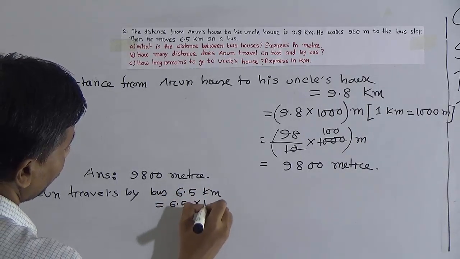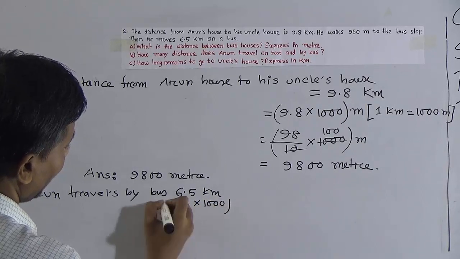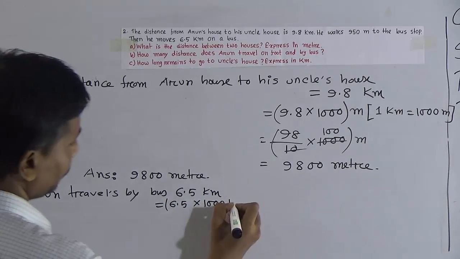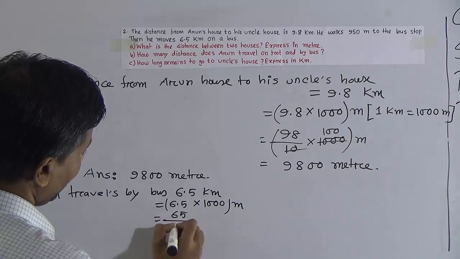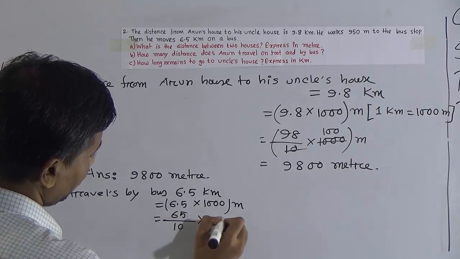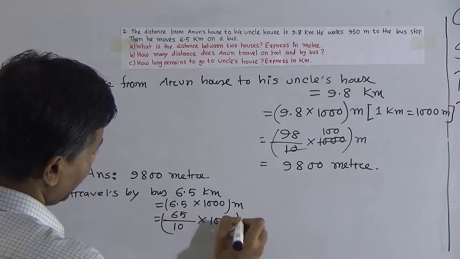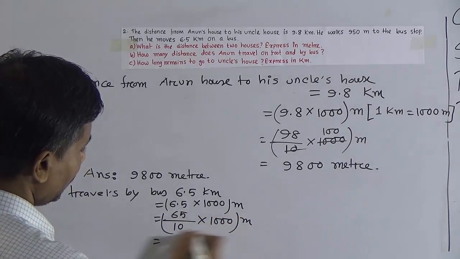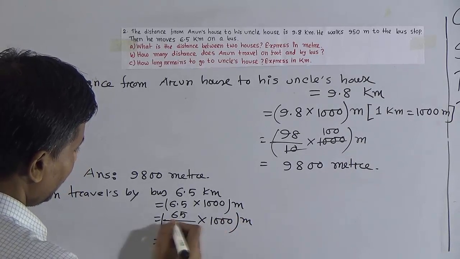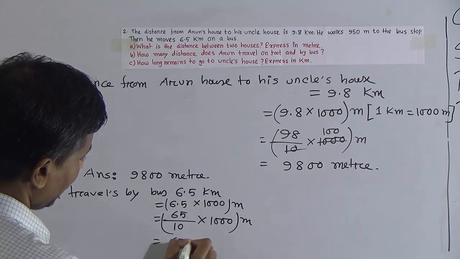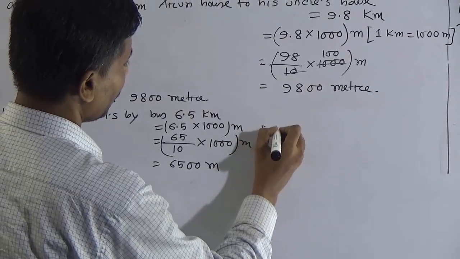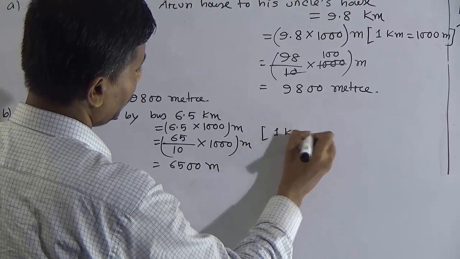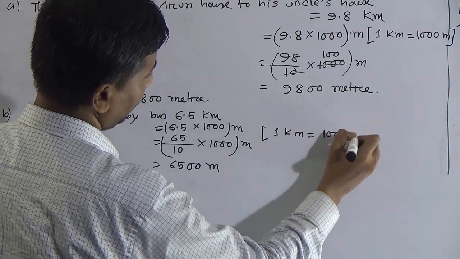We have to convert at first kilometer to meter. Right here 1 kilometer equal to 1000 meter.